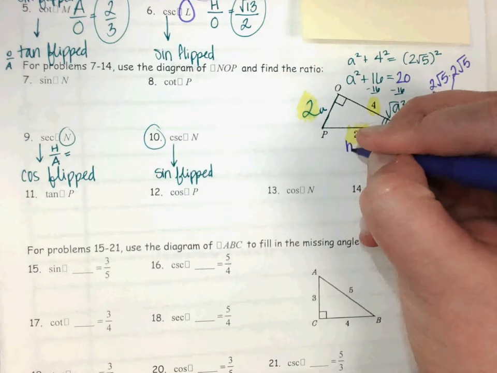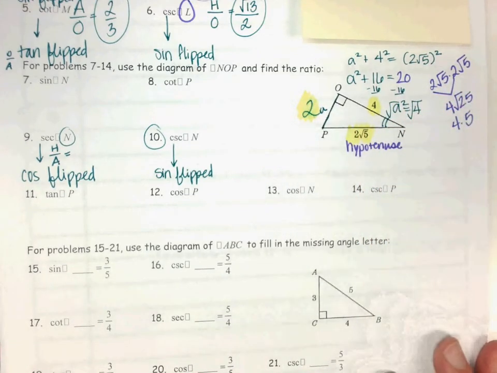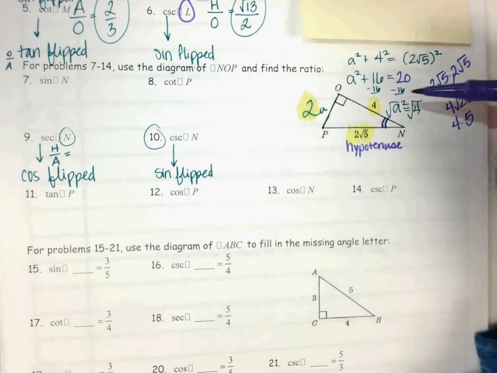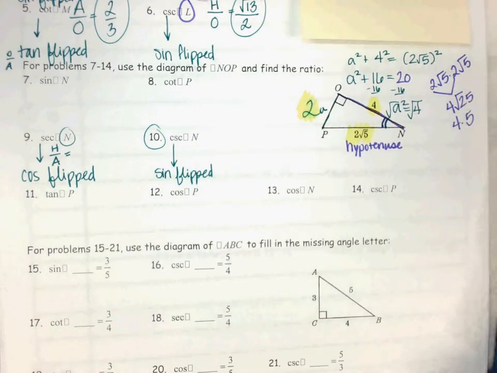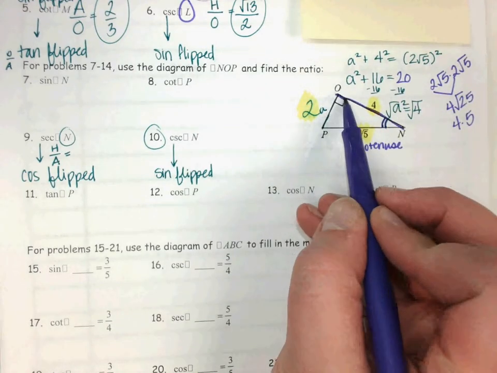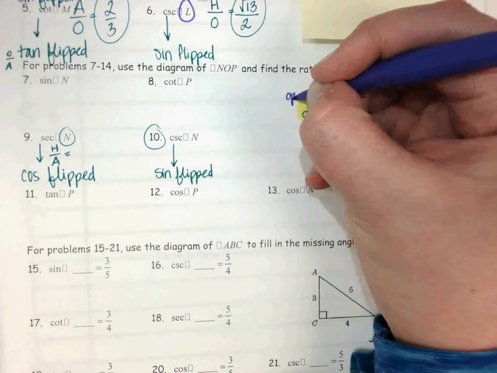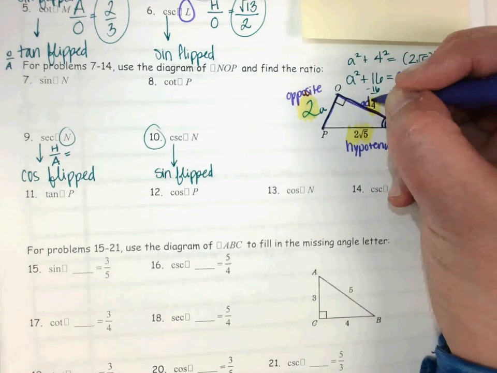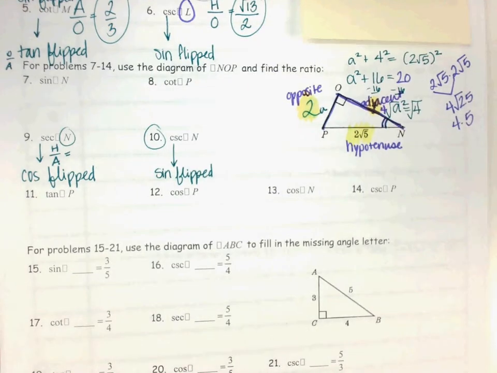That is here. If I'm in N's corner over here, is 4 the adjacent side or the opposite side? Yep, 4 is adjacent and 2 is opposite. Now, if they change letters to the other corner, is that going to change? Yes. So make sure that you remember what corner you're in matters.